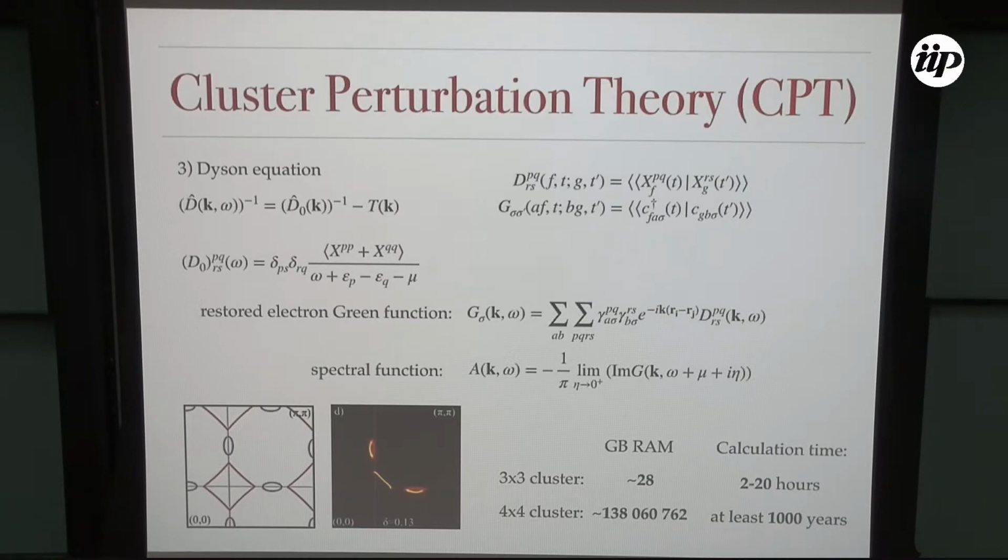It should be noted that a 3 by 3 cluster is large, but not enough to have some problem with this. But we actually cannot take a larger cluster because it's too long to calculate. It's just too complex.